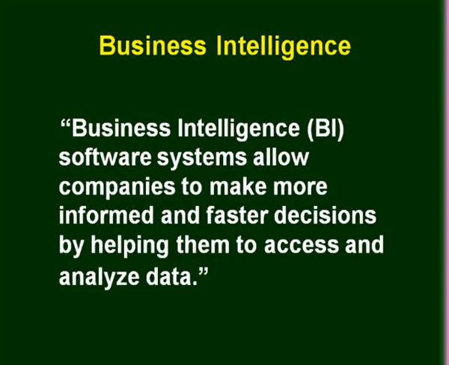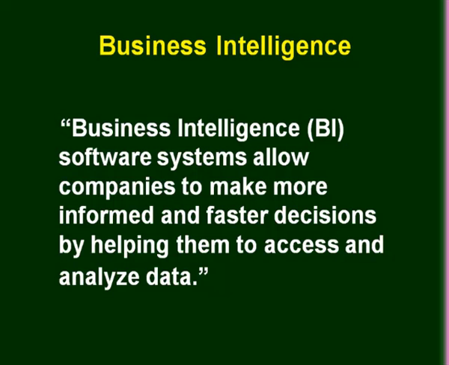So what is BI? Business intelligence is a software system. Basically, it allows companies to make more informed and faster decisions by helping organizations to access and analyze the data. It is a relatively new term, but it is synonymous with a range of applications that have been around for years.